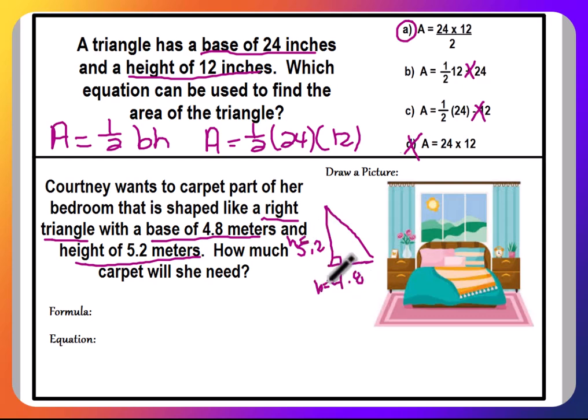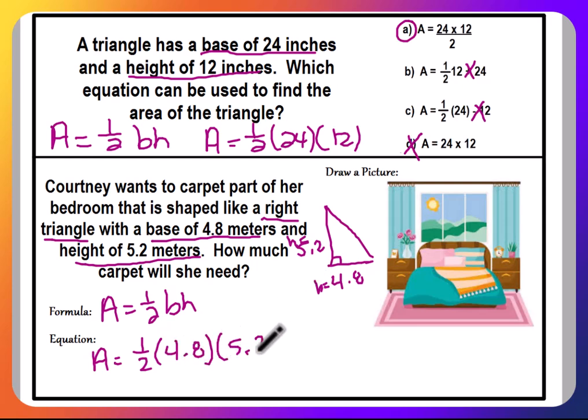All right, let's go ahead and write our formula and plug in what we know. Formula, area, always start with area, capital A, equals 1/2 base times the height, BH. Plug in your numbers for the equation. We are looking for the area, so that A stays A, equals 1/2 times the base of 4.8 times the height of 5.2.